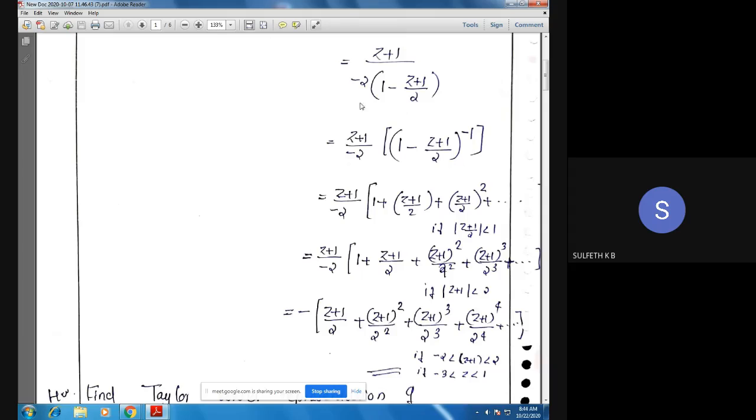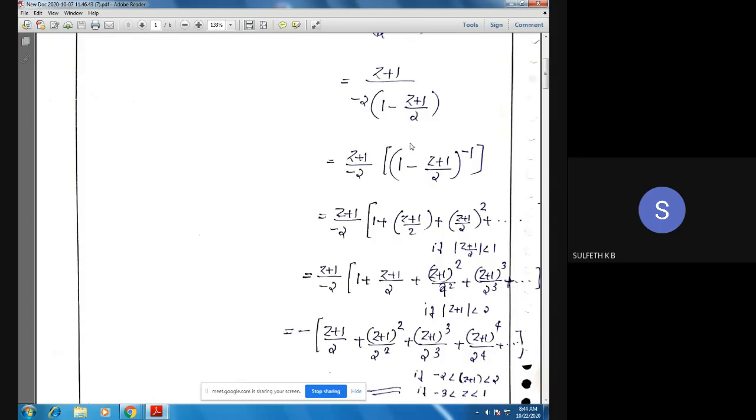We get the expansion as we rearrange the terms. We rearrange the denominator as 1 minus (z+1)/2. Then (z+1)/(-2) gets outside. Then 1 divided by 1 minus (z+1)/2 we can write as (1 minus (z+1)/2) raised to minus 1. Okay.